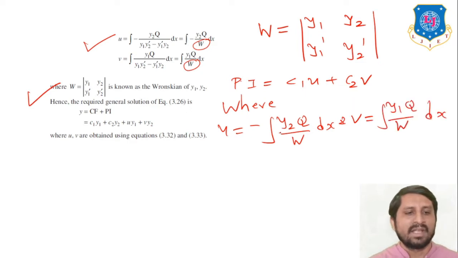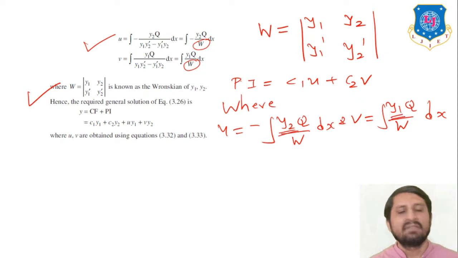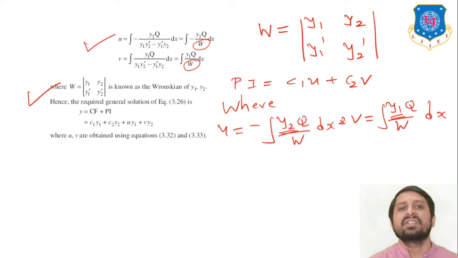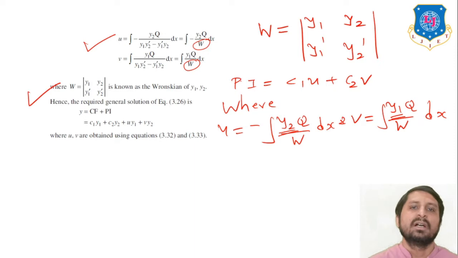Y1 and y2 are the solutions of the homogeneous linear equation. Always first we find the complementary function. If your differential equation is second order, then your complementary function is c1 y1 plus c2 y2.